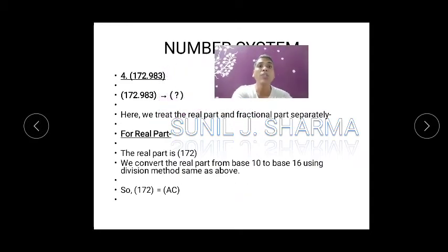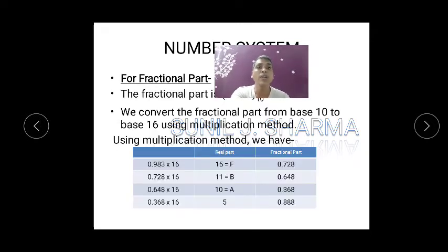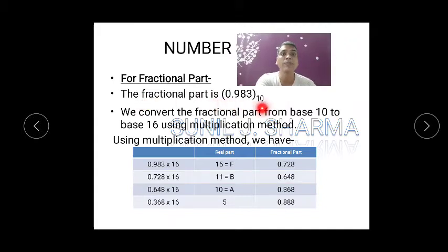Now we will be changing an example with real numbers, sorry, fractional numbers. The same concept for the integer part, as you already know, divide by 16. But for the fraction part, you have to multiply by 16. This is your fractional part, 0.983.